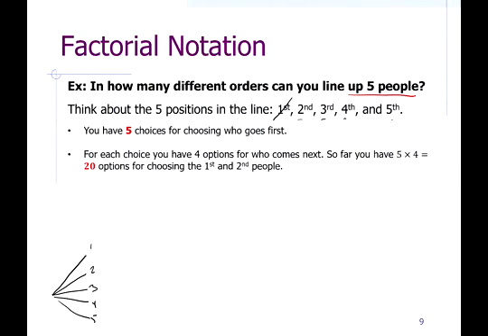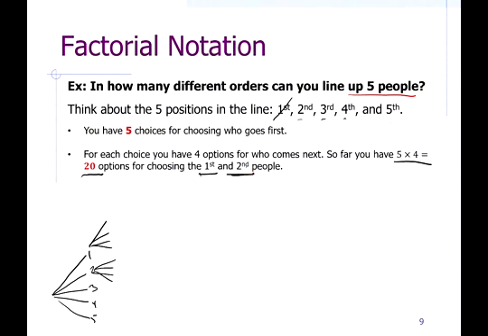So for each of these first 5 choices, now you have 4 choices for position 2. So if person 1 went first, you have 4 options for the second position. If person 2 went first, you have 4 more options for the second position, and so on. So now, 5 times 4 is 20. You have 20 different ways that you could pick the first person and the second person.